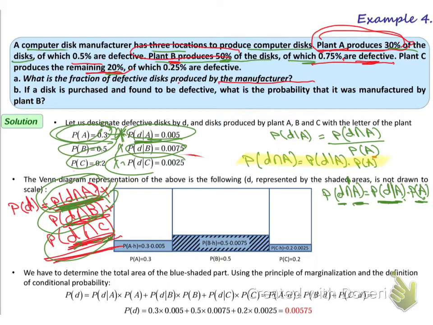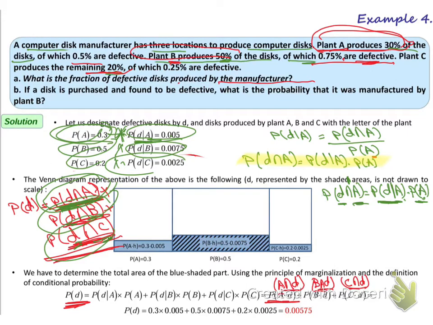So the way it was solved here, the probability of defective equals the probability of A intersect D, where A dot D means A intersect D. I told you before many times. The probability that it is defective and in A, the second one, defective and in B, and the probability of defective and C as well.